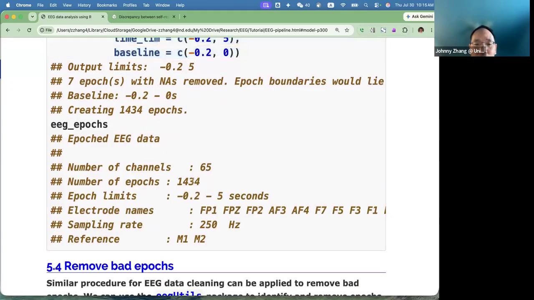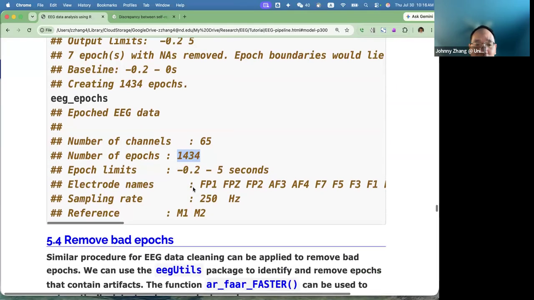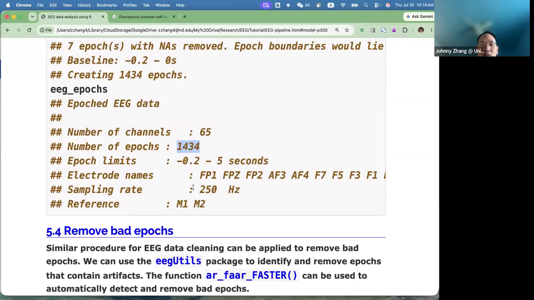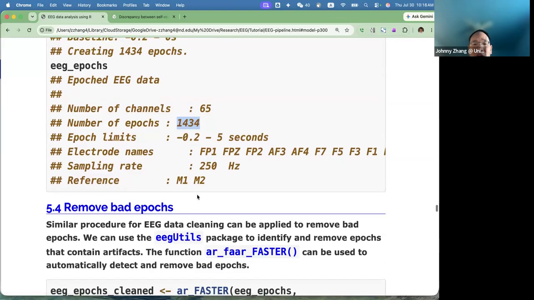In total, I have more than 14,000 epochs. The reason I have this amount is because, remember, I have 19 different events, and also for each person I have 240 images presented. For each image, there's an epoch. So now I have this kind of information, and with this I can then do artifact detection.